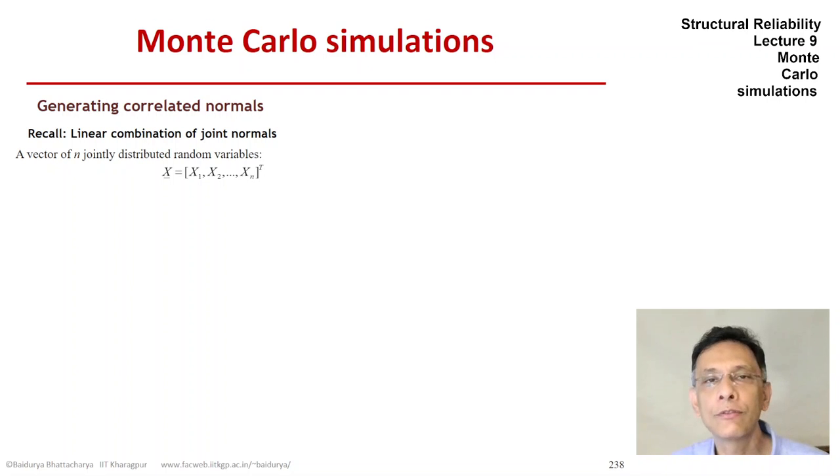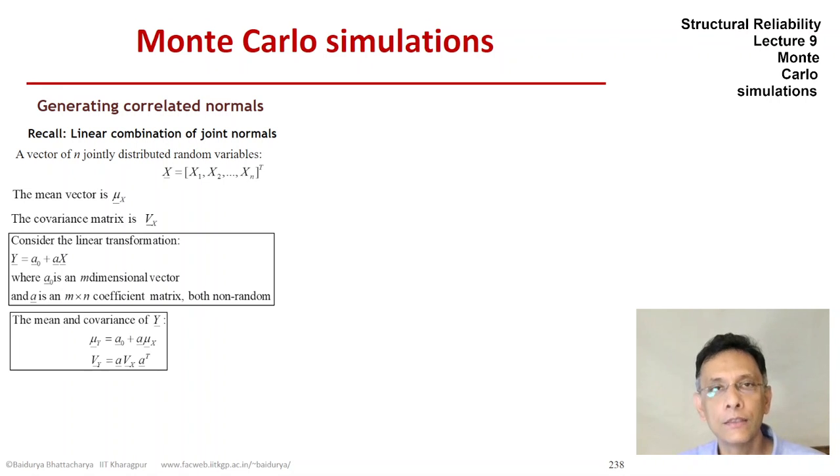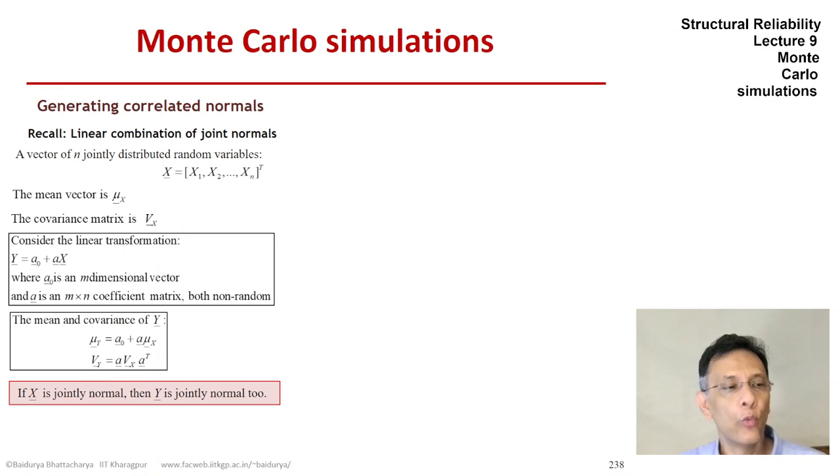So if we have a vector of n joint normals whose mean vector is mu x and whose covariance matrix is Vx, then if we undertake a linear transformation of x and obtain y, where A is a rectangular matrix and A0 is a column vector, and both A and A0 are non-random, then y is a joint normal random vector with mean and covariance matrix defined in terms of those of x and the matrix A and the column A0.